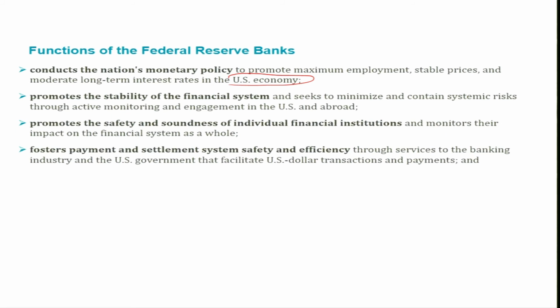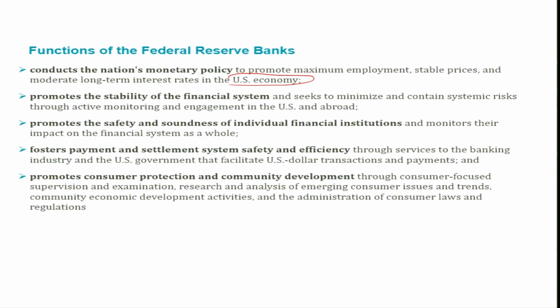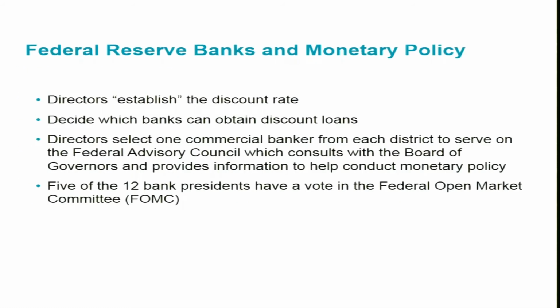Fourth, it fosters payments and settlement system safety and efficiency through services to the banking industry and the US government that facilitate US dollar transactions and payments. And finally, it promotes consumer protection and community development through consumer-focused supervision and examination, research and analysis of emerging consumer issues and trends, community economic development activities and the administration of consumer laws and regulation.